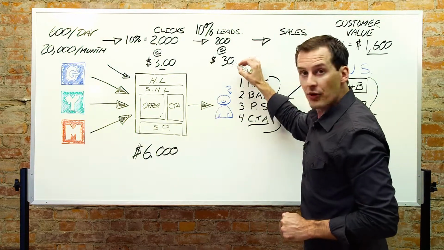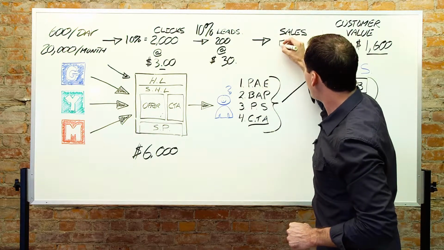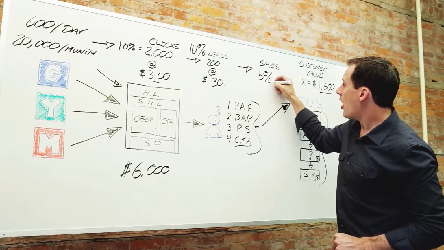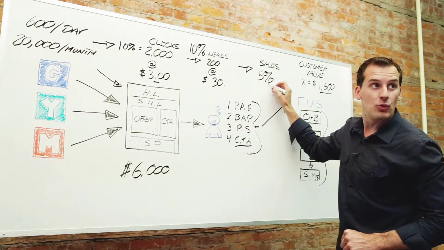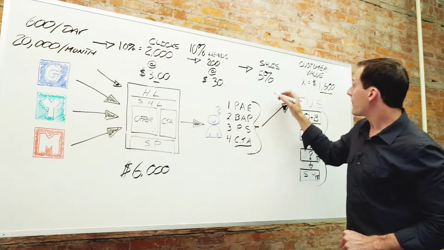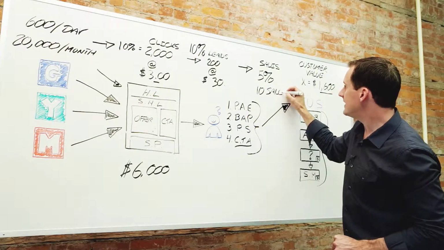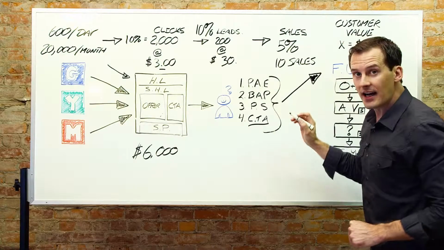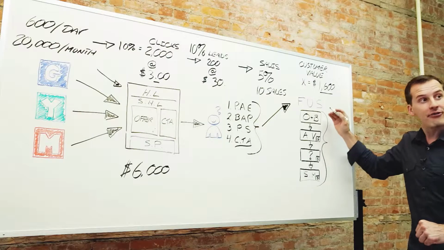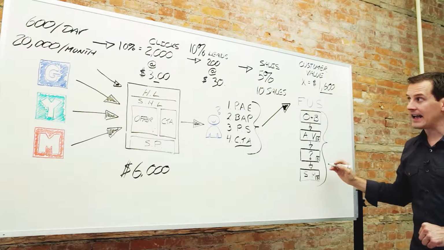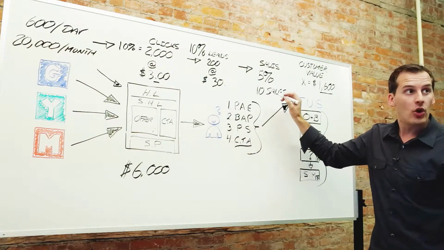Of those leads that we generated at $30 each, he was able to turn 5% of those leads, or prospects, into actual sales. That generated 10 sales into his business, because the offer was structured properly and we had a follow-up sequence on the back end to convert those leads into actual customers.